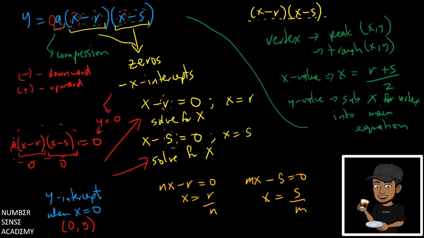Okay, so we're going to sub into the equation that we got, whether it's in factored form or it's in standard form. We're going to sub, and then we end up with the vertex. Right? These two things make up the vertex.